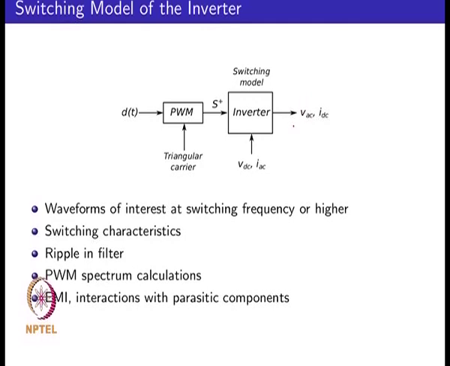We have labeled it as VON in many of our diagrams. It is the output voltage with respect to the neutral, or it can be the output voltage with respect to the negative bus. Also something that can vary in the output of the switching model is your DC bus currents, which can be your positive bus current, negative bus current, etc.